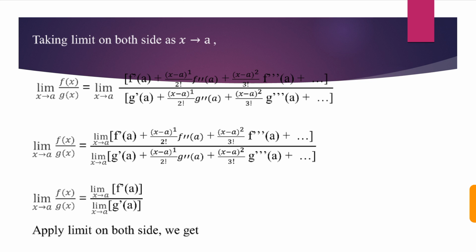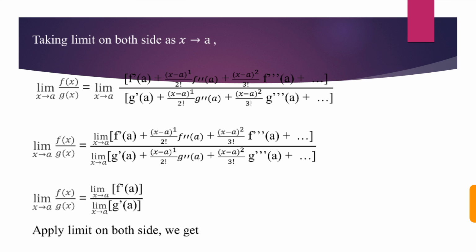We can separate here limit for numerator and denominator, and we will get limit x tends to a f of x upon g of x is equal to limit x tends to a f dash of a plus limit x tends to a (x minus a) upon 2 factorial f double dash of a plus limit (x minus a) square upon 3 factorial f triple dash of a plus up to so on.